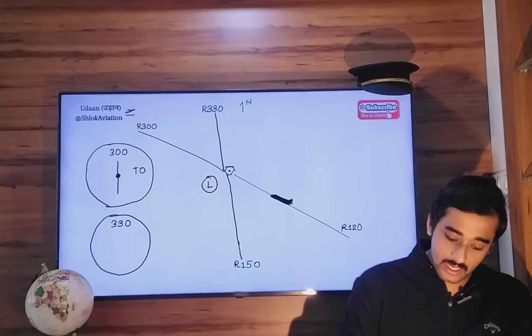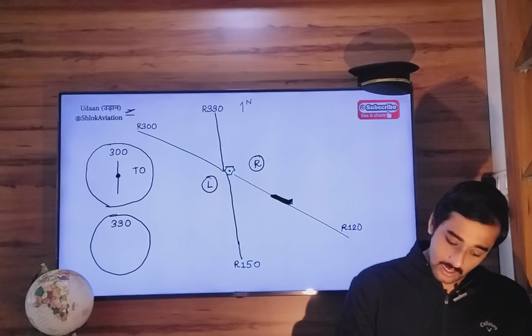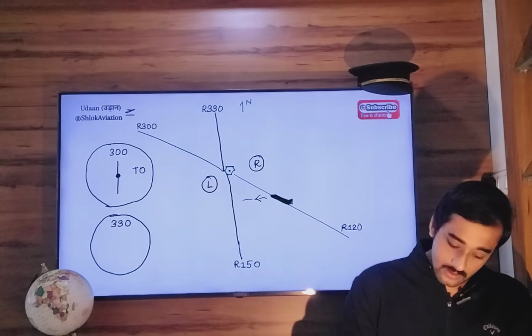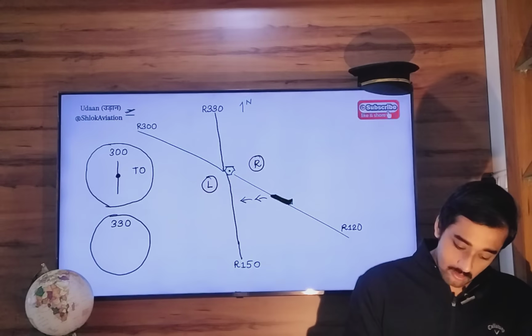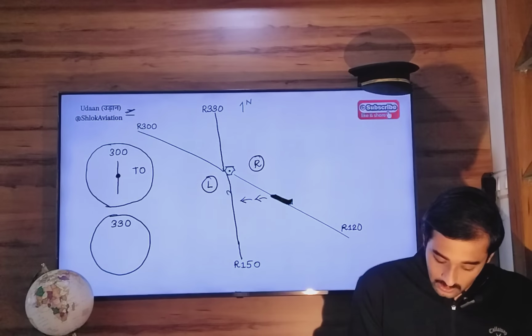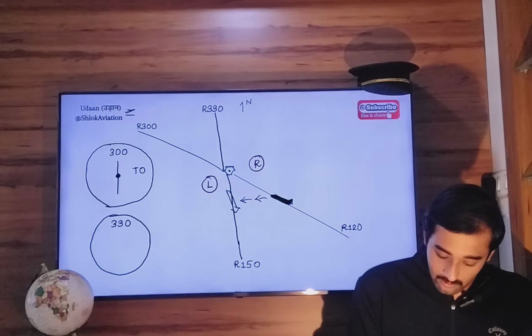Going inbound, this is your left hand side, this is your right hand side. You will be required to make a left hand turn, intercept radial 150 inbound, and fly that radial 150 inbound.